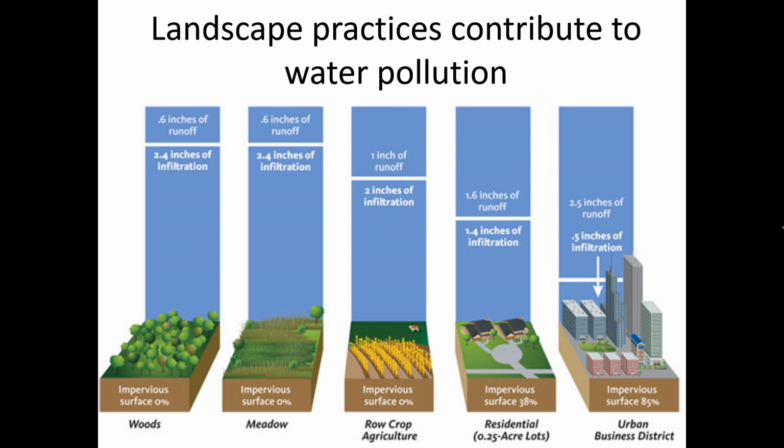How we develop our land affects how severe water pollution is, and it's related to how much runoff there is. Runoff is, rather than having water soak into the ground, it all kind of goes straight along the surface and then goes into our waterways more directly, more quickly.